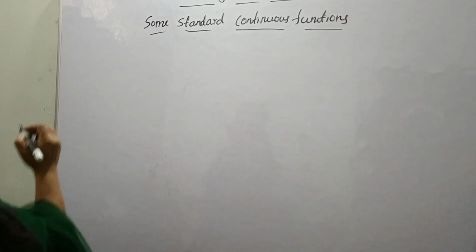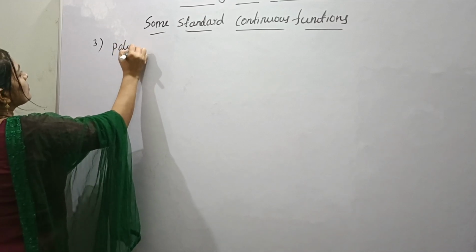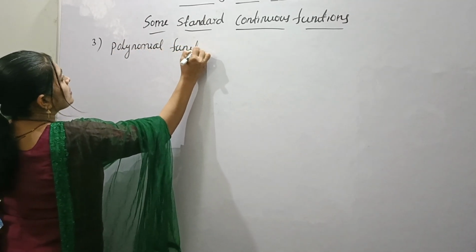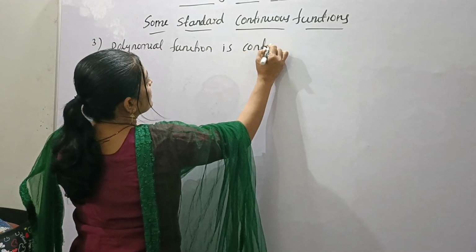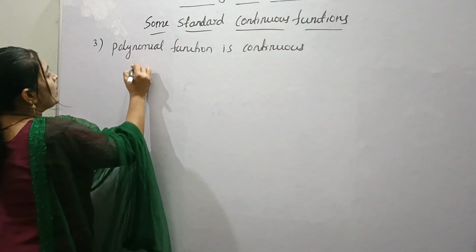Next one, polynomial function. A polynomial function is also a continuous function. Let's prove it.